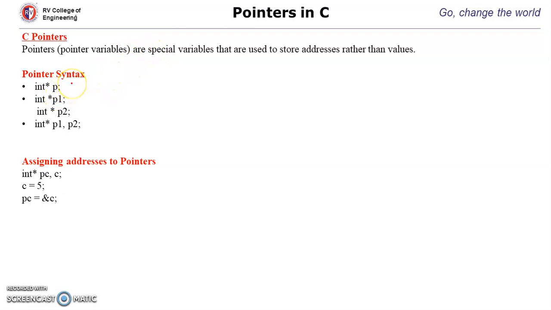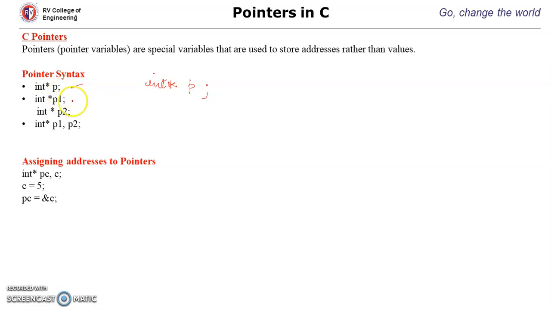First we write int and star, and p is a pointer variable. This is how we differentiate: if I just write int and then p, that means it's a normal variable. But if I write star before it, that means it's a pointer variable. This is the first way of declaring a pointer variable. Here we have declared a pointer variable p that is of int type.